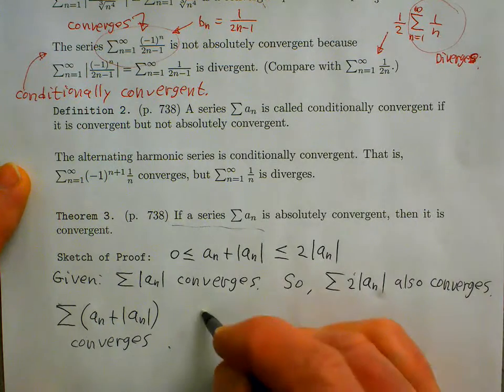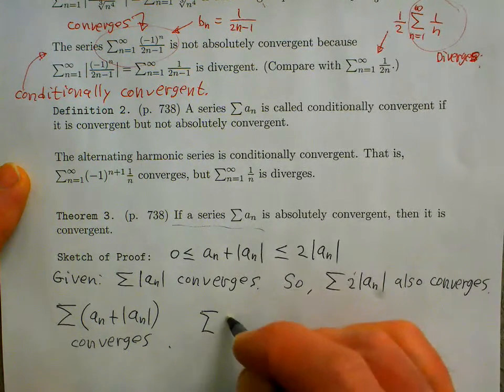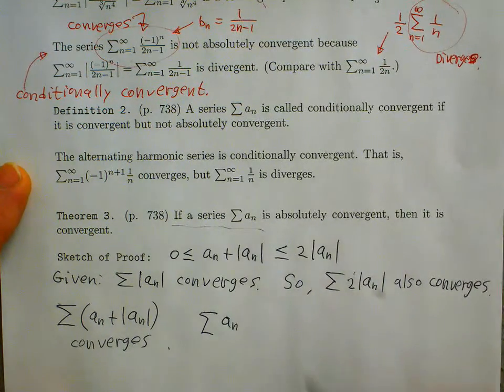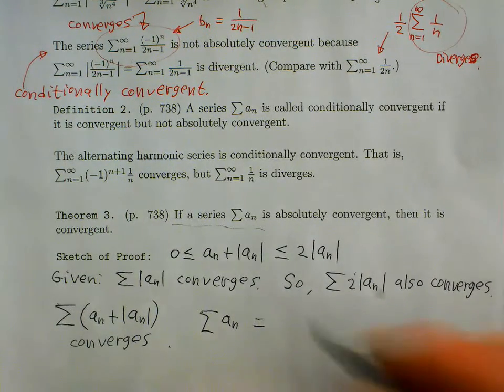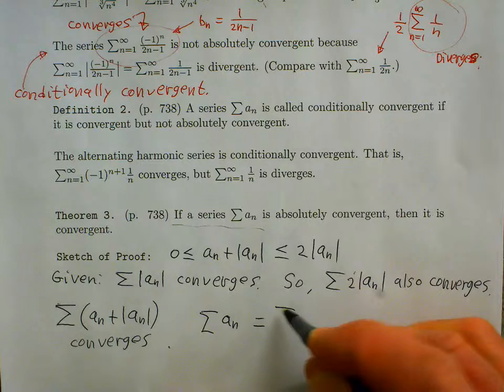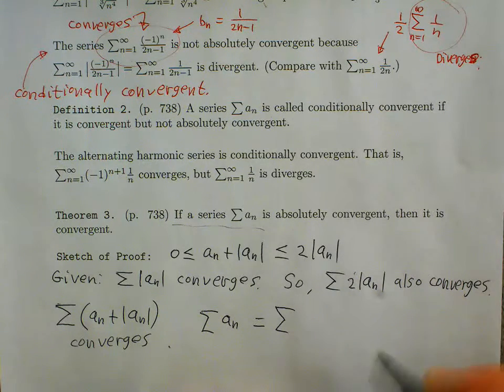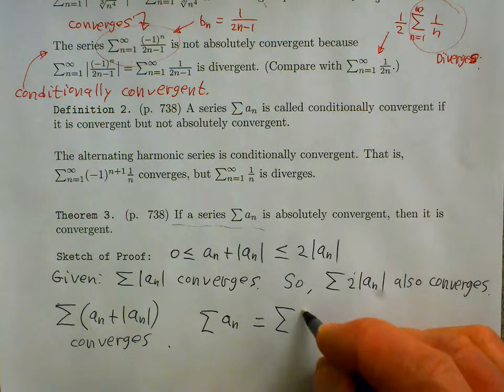And so the series of the a sub n terms is equal to the difference of 2 convergent series.